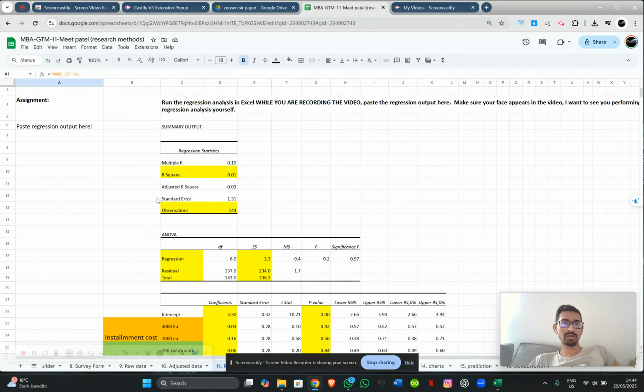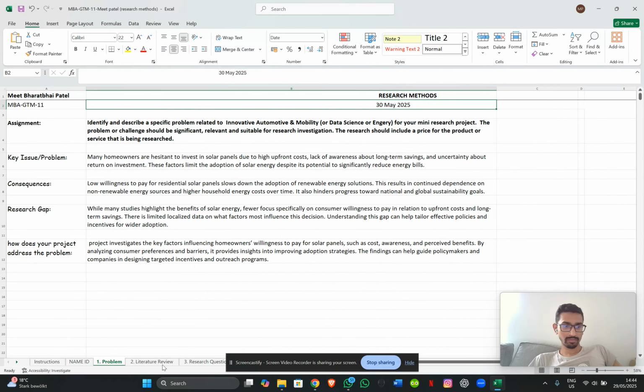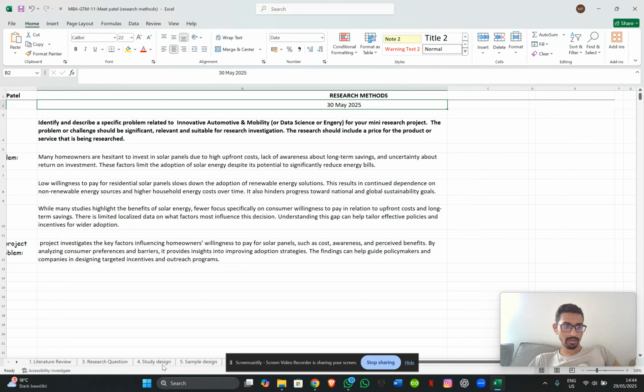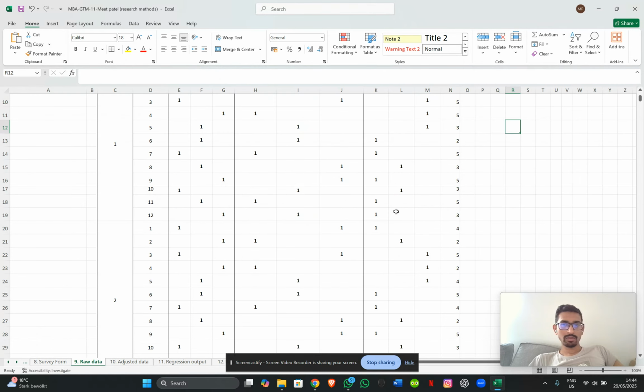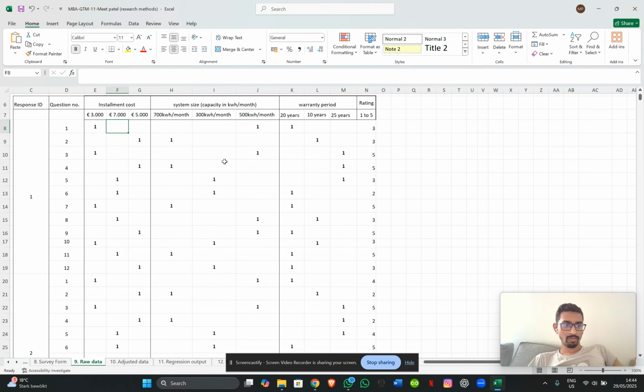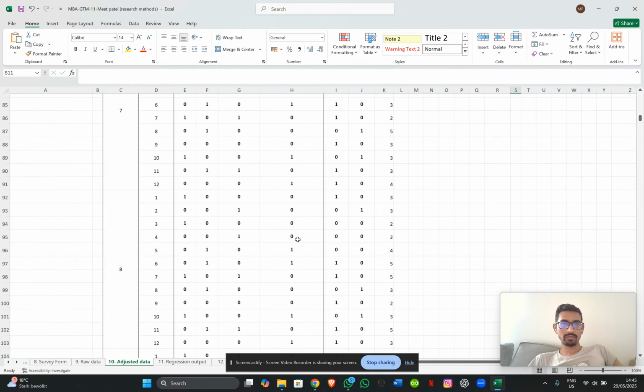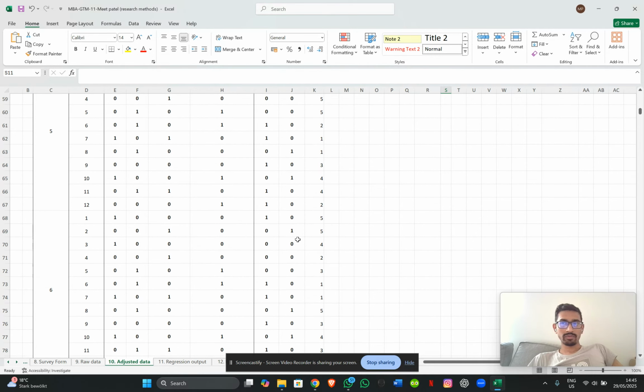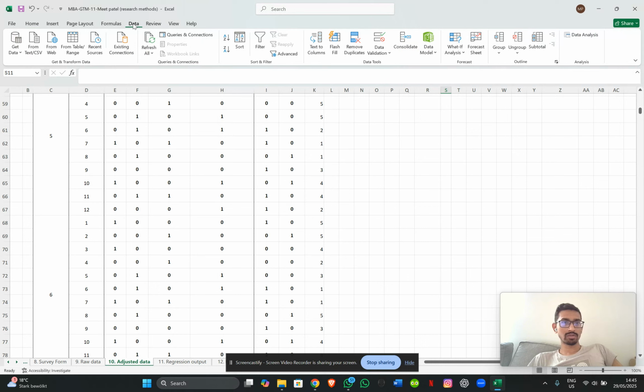So basically, this is the regression analysis. I will show you how to do regression analysis. First I choose Data.